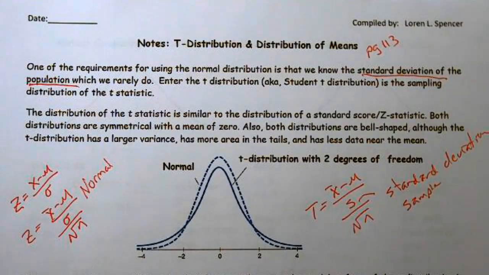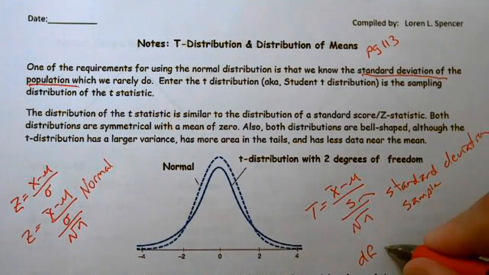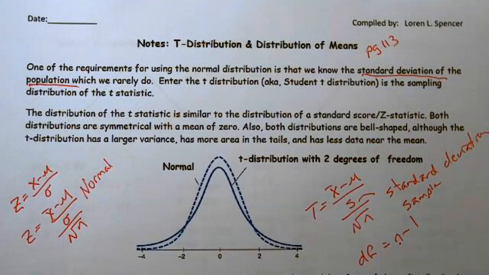There is a different t distribution for every sample size. We actually talk about degrees of freedom, and I'm just going to abbreviate it as df, equals n minus 1. So the sample size minus 1. So for every single sample size, we have a new t distribution.